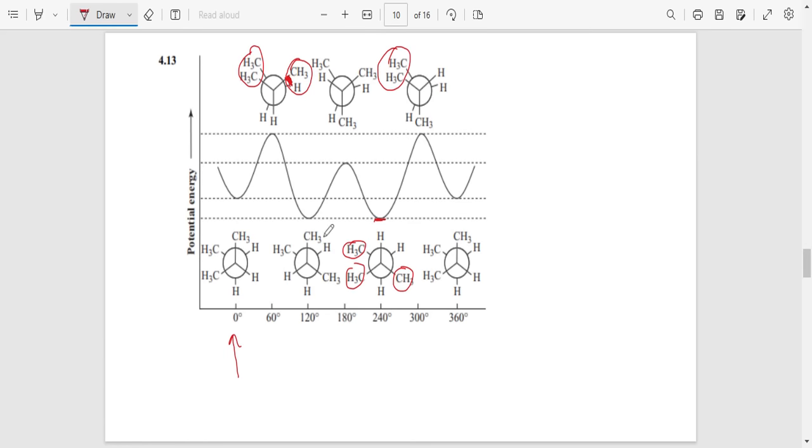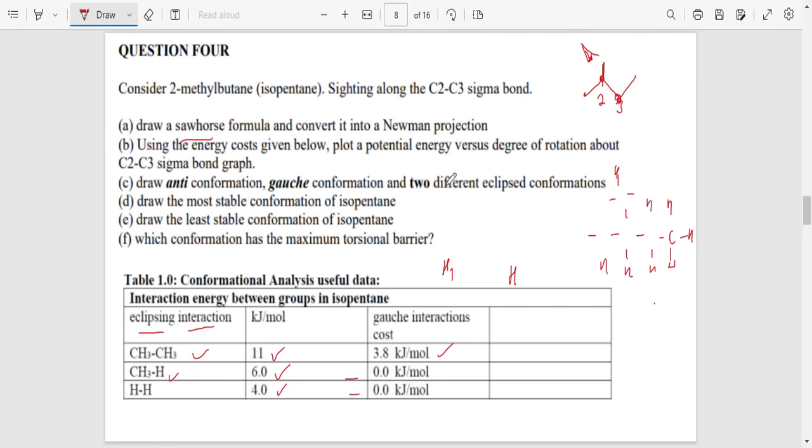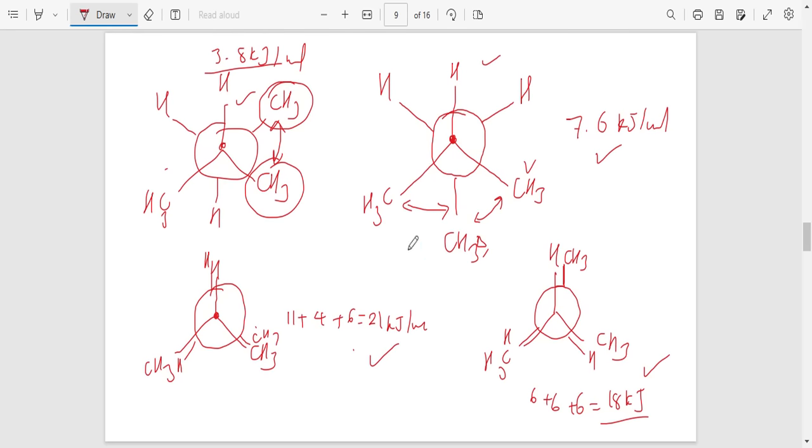When I've got a CH3 here and CH3 here, they are in opposite directions. That is the anti conformation. And the gauche means that this CH3 is next to the other one, like here. Okay, they are next to each other. That is the gauche conformation. And then for the two different eclipse conformations, you can draw either this one or this one.